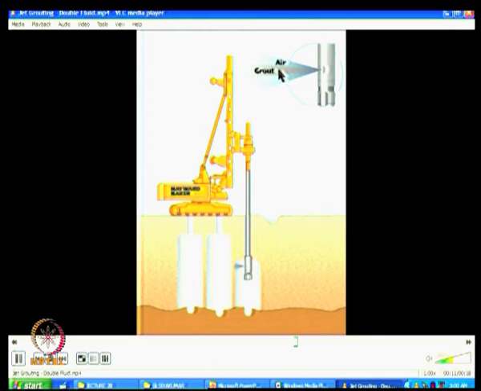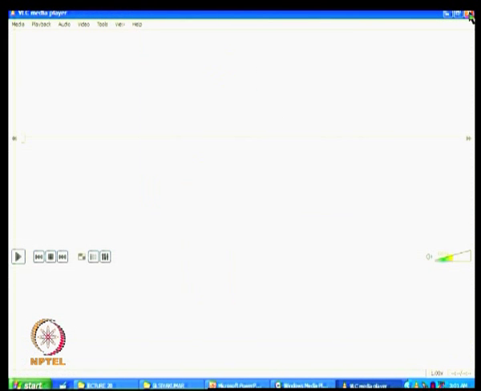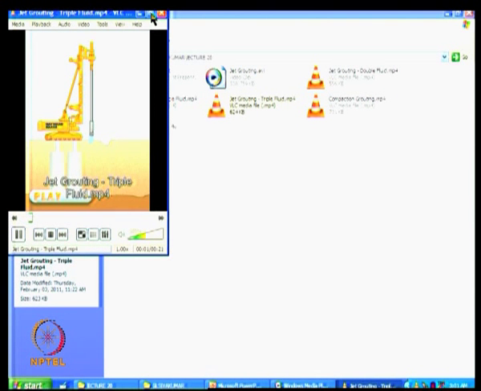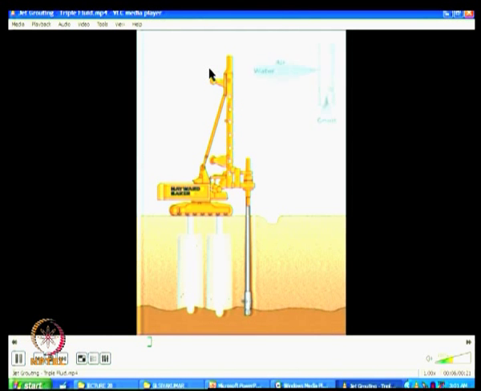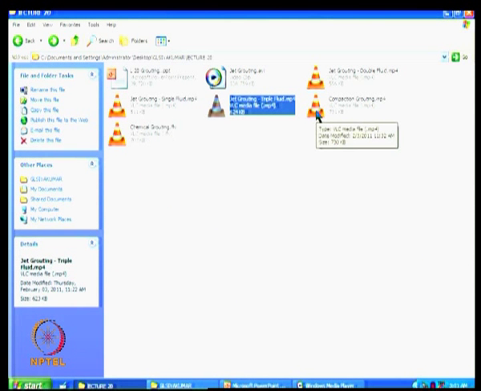You have grout and air coming in. Air, water, grout, all three of them come simultaneously. Then this is jet grouting.